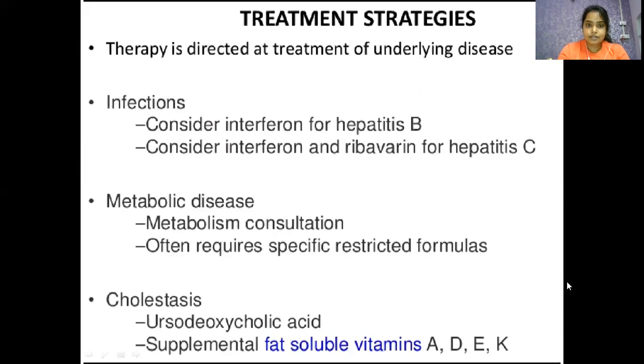So next, treatment strategies. It is very important. Therapy is directed at treatment of the underlying disease. First, infections: consider interferon for hepatitis B, and interferon and ribavirin for hepatitis C. Metabolic diseases need metabolism consultation and often require specific restriction formula.